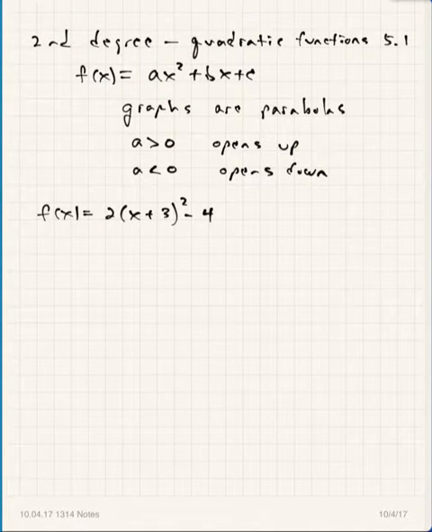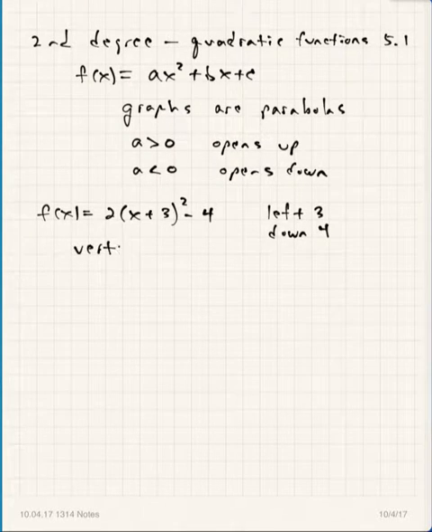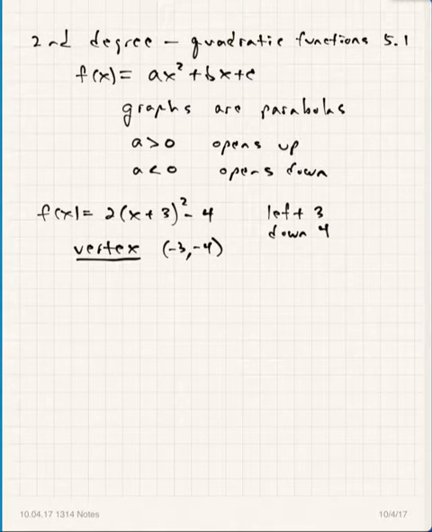This graph shifted left 3 because of the x plus 3 and down 4. Because of those two things, we could write down the vertex for this parabola. The vertex is at (-3, -4). We also note because the 2 is positive that the parabola opens up. So we know that it opens up like that.